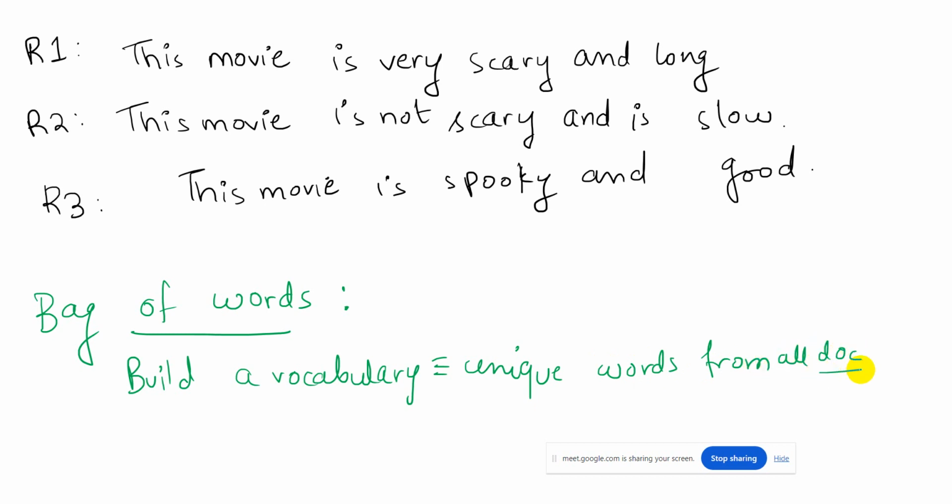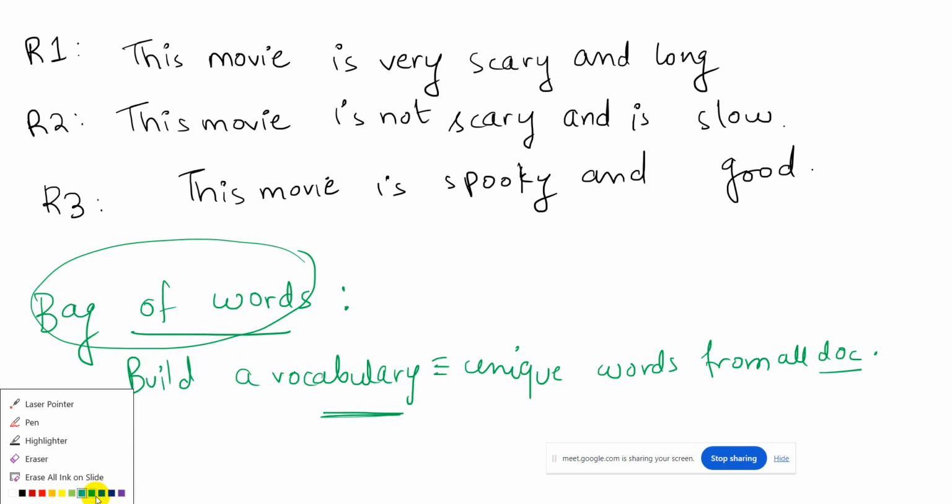Then you count how many times that word appears in a particular document, update the count, and write the vector for it. At least please tell me how many unique words there are across these three reviews. Count and tell. 11, right? Correct.